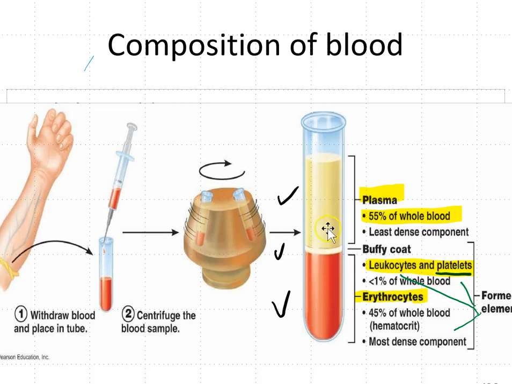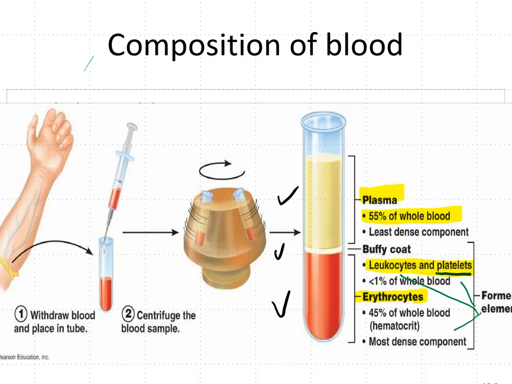At the top, the lighter part is plasma, and it's 55% of whole blood. But between the top layer and the bottom layer, between red and yellow, there is a thin layer of white color. We call this the buffy coat, and it's less than 1% of whole blood. The buffy coat is composed of leukocytes, or white blood cells, and platelets.